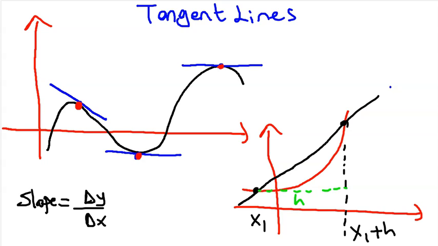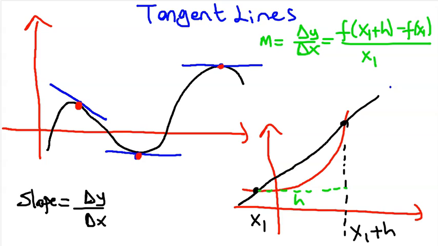Mathematically, let's try to figure out the slope of this secant line. The slope is going to be equal to delta y over delta x, or f of x1 plus h minus f of x1, over x1 plus h minus x1.